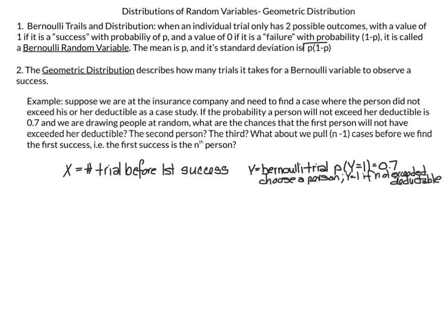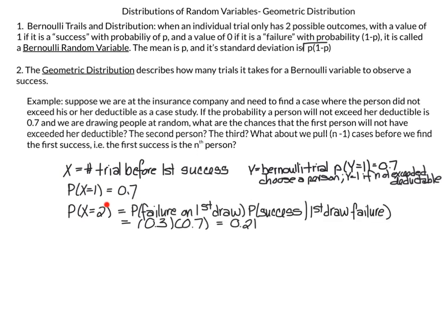So the probability that the first person will not have exceeded their deductible, well, that's just given to us by p, right? That's literally what it is. The probability a person will not exceed their deductible. Probability that x equals 2, in other words, we have to draw 2 people before we find a success. So we have a failure on our first draw, and then our next draw is a success.